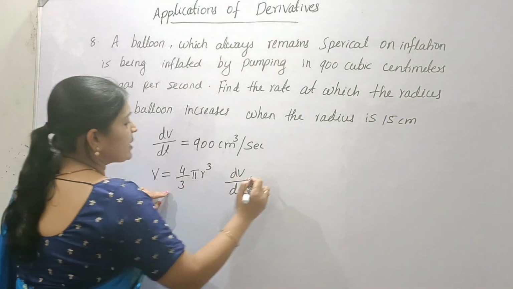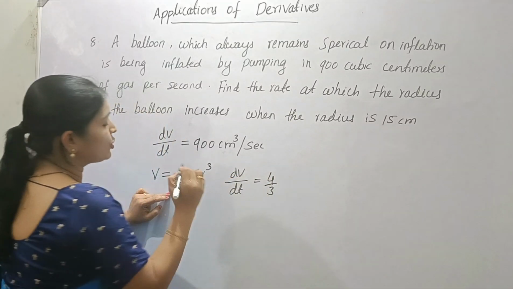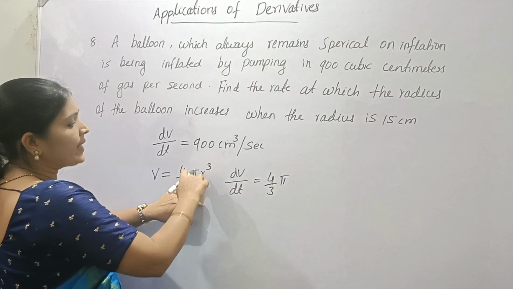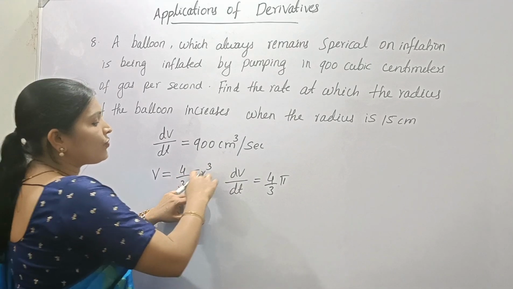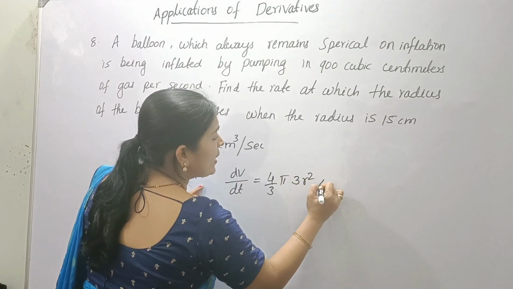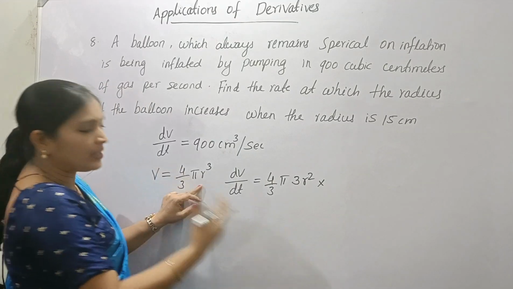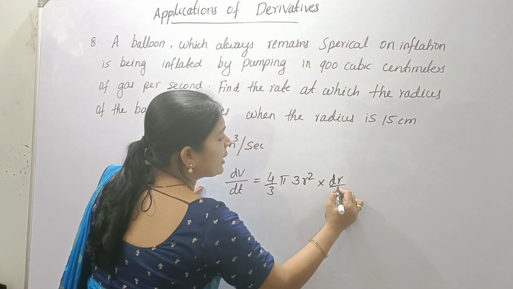dV by dt is equal to 4 by 3 into pi, that is constant, into the derivative of r cube with respect to t. The derivative of r cube is 3r square into dr by dt.